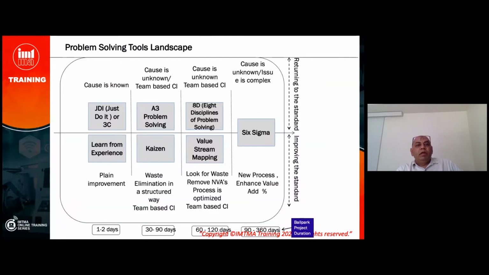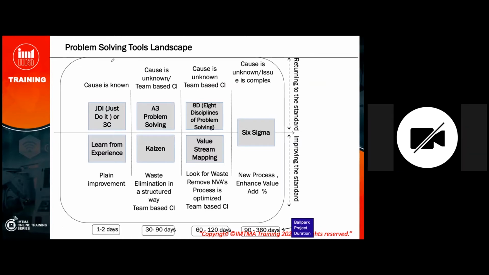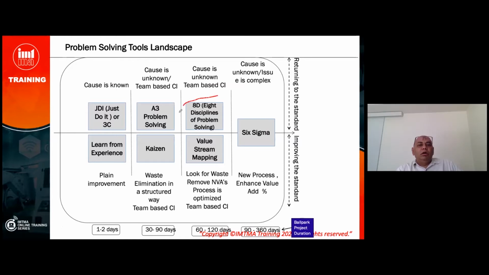Now, I have explained the problem solving toolscape to you before. This is where the 8D tool is mapped on this landscape. A3 and 8D are tools that are typically used to return back to the standard, where the cause is unknown and you require a team-based approach.